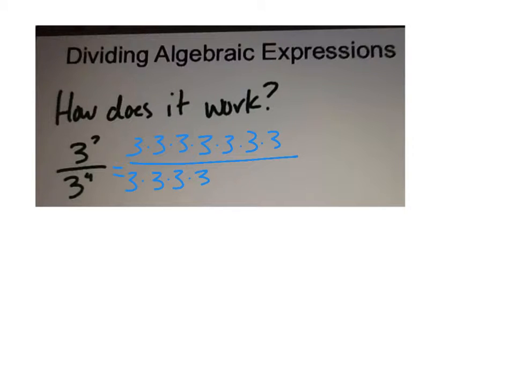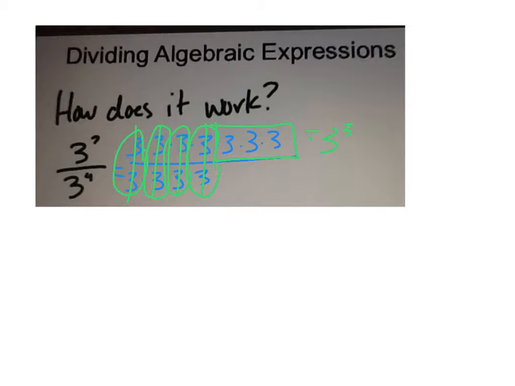Well, 3 divided by 3 is just 1, so that goes away, and again, and again, and again. That leaves me with 3 to the 3rd power.